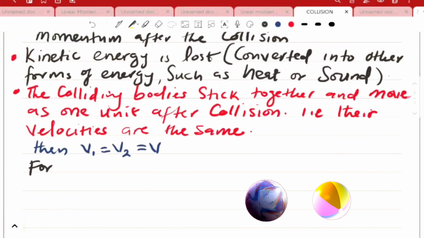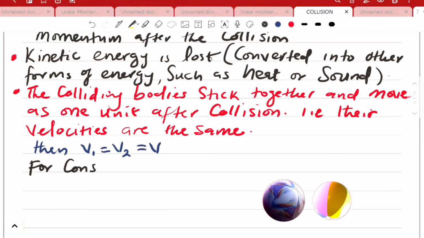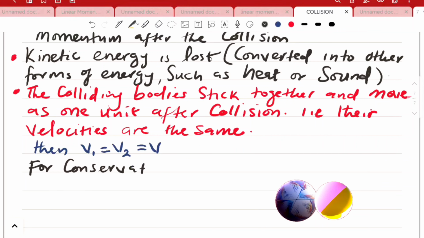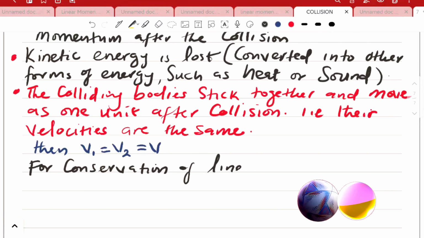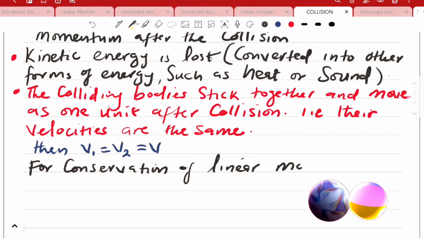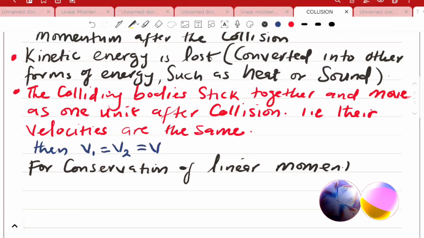Now observe these two balls, M1 and M2. M1 has initial velocity. M2 doesn't have initial velocity. Now watch, as M1 hits M2, M2 begins to move with the velocity of M1, which gives us the final velocity, and they are the same. So V1 is equal to V2 and is equal to V.